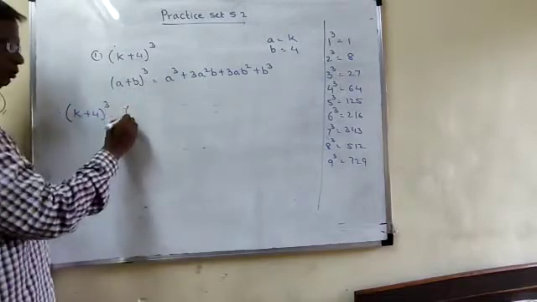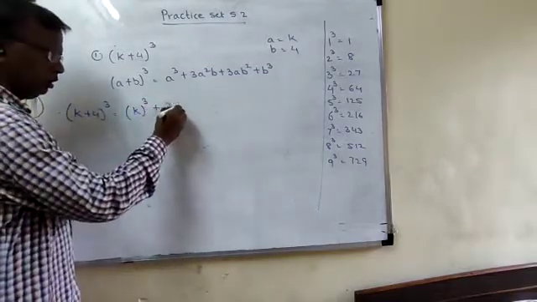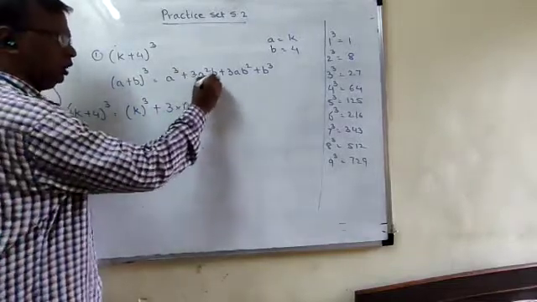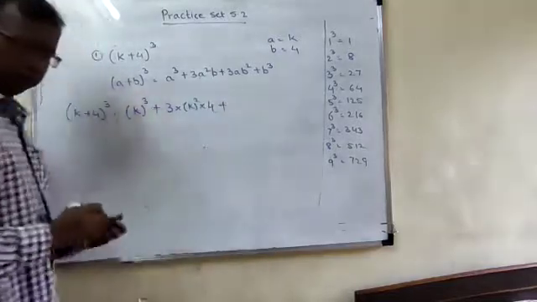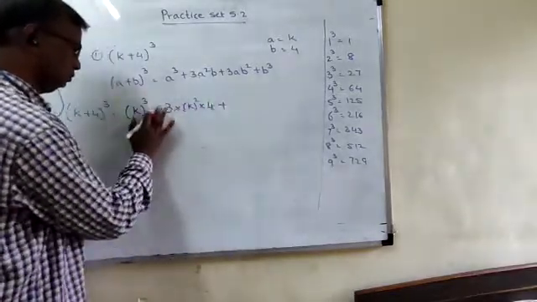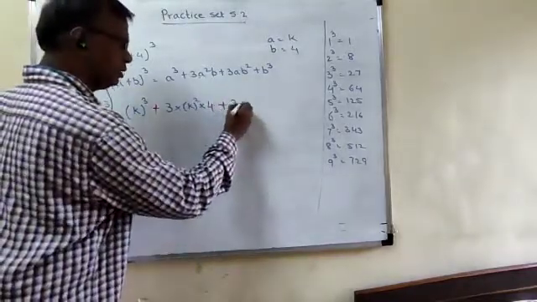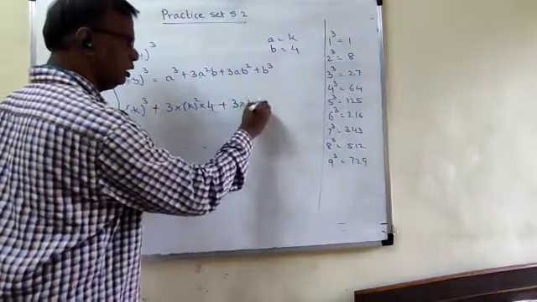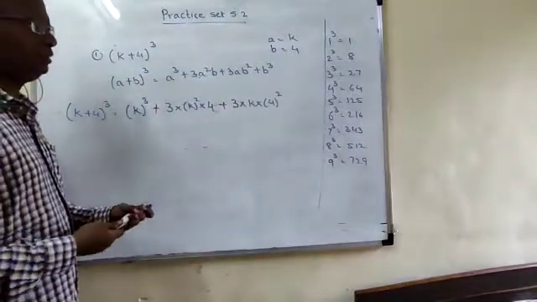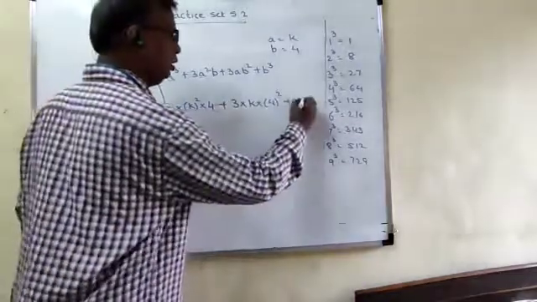So a cube means k cube, plus 3 into a square, that is k square, into b, 4, plus 3 into a, that is k, into b square, that is 4 square, plus b cube, that is 4 cube.